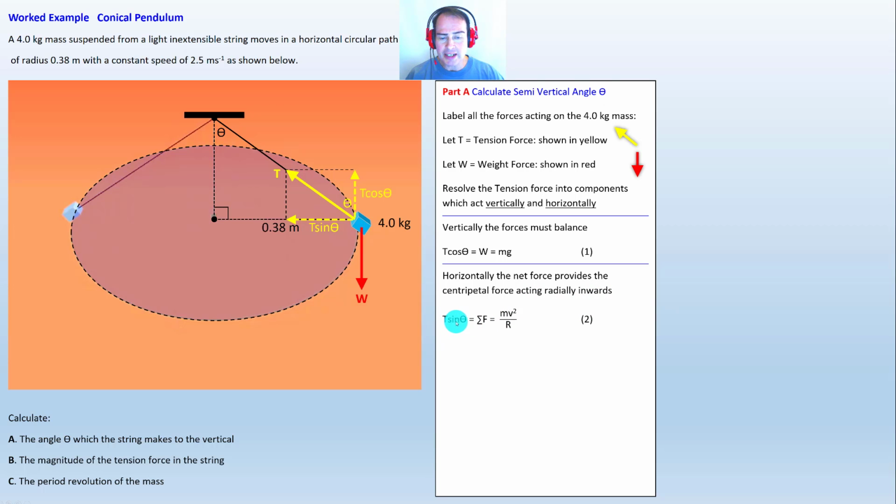So we can write T sine theta, acting radially inwards, must equal the net force represented by sigma F, sigma meaning sum. And since the motion is circular with a constant speed, the net force must in size equal this expression here, mass times speed squared divided by radius of circular path.